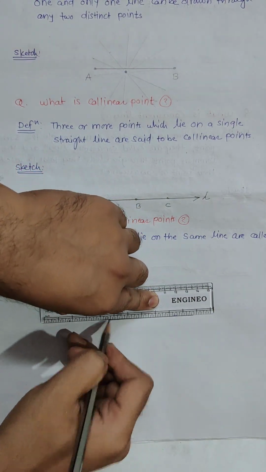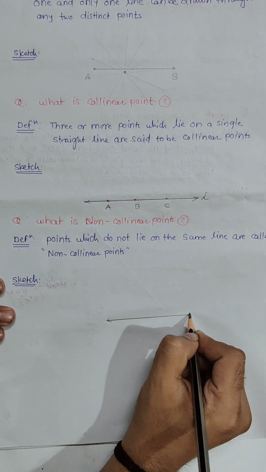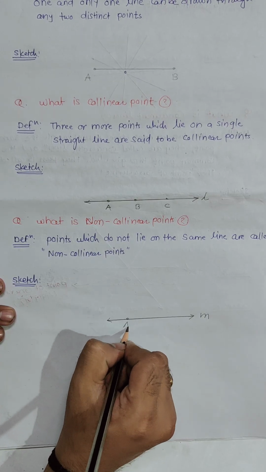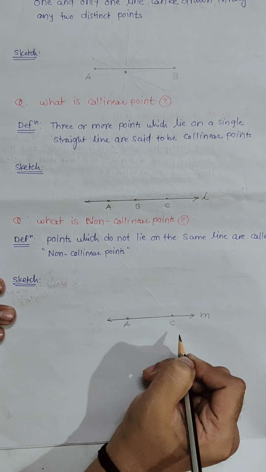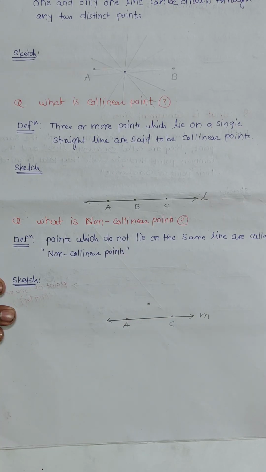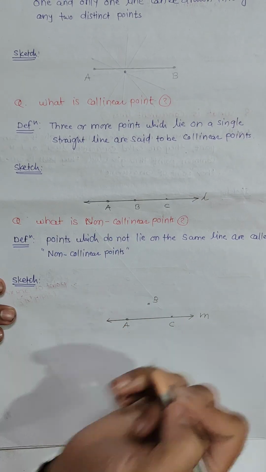Firstly, draw a line. On that, mark the line M. Mark the 3 points, and one of the 3 points lies just above the line M.